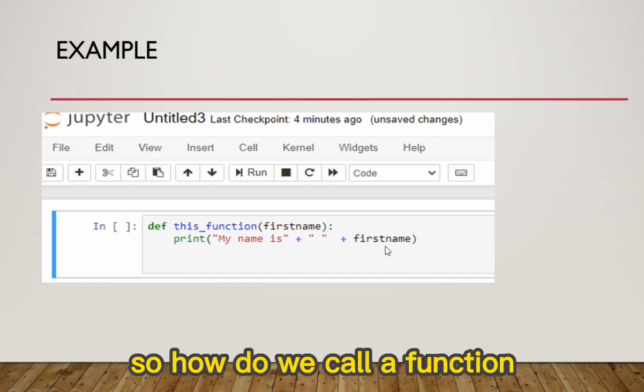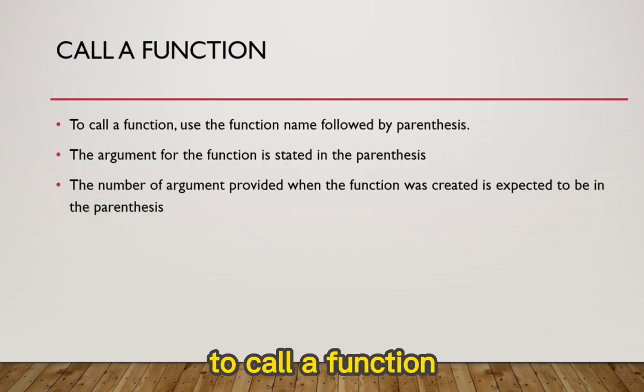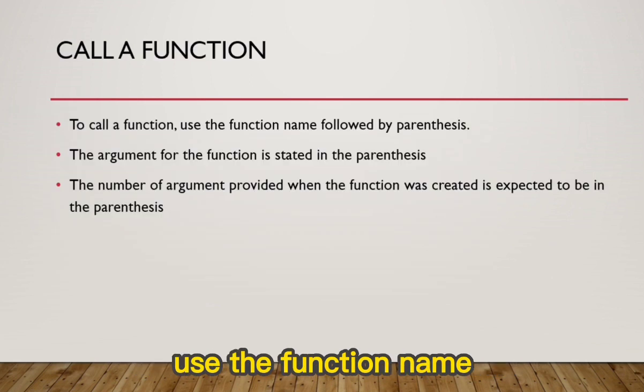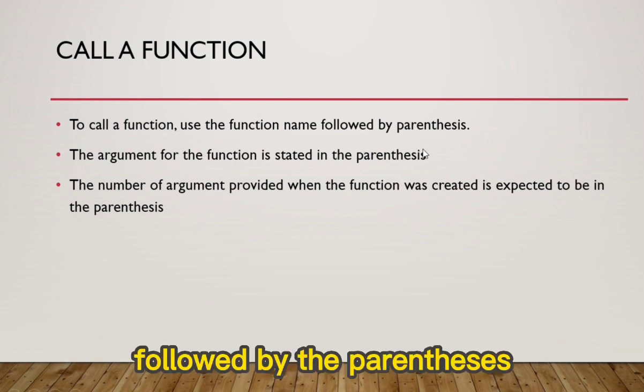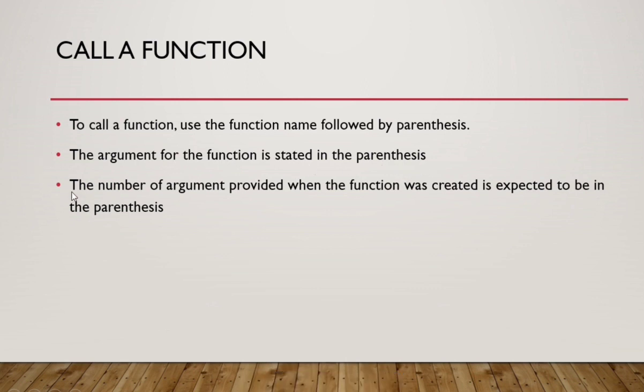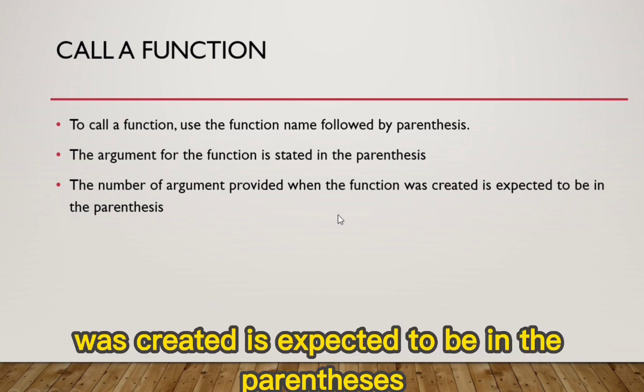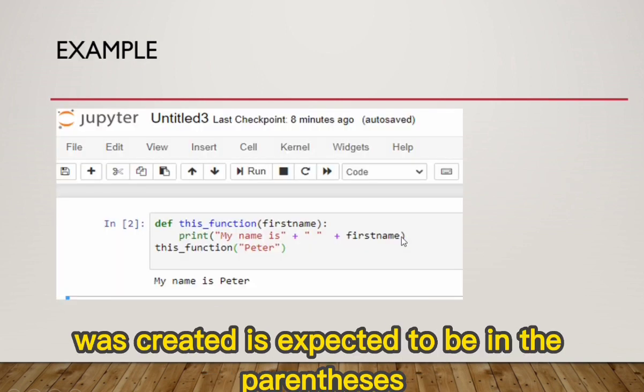So how do we call a function? To call a function, use the function name followed by the parentheses. The arguments for the function are stated in the parentheses. The number of arguments provided when the function was created is expected to be in the parentheses.